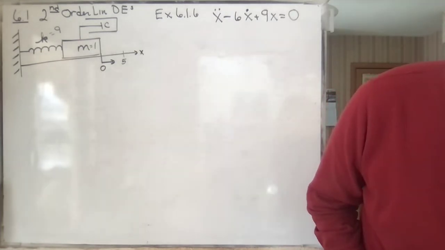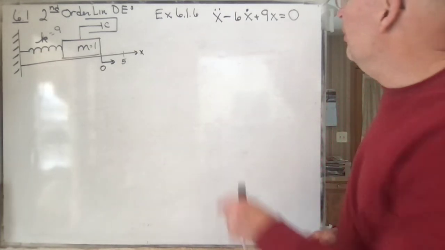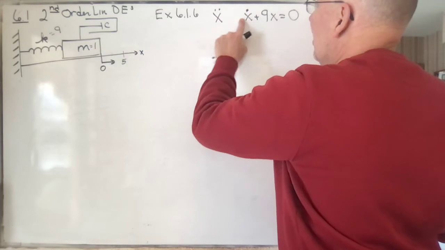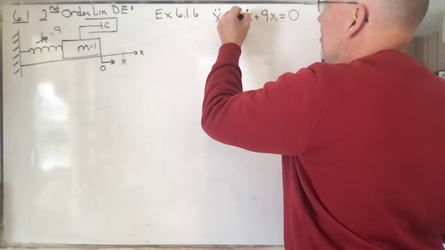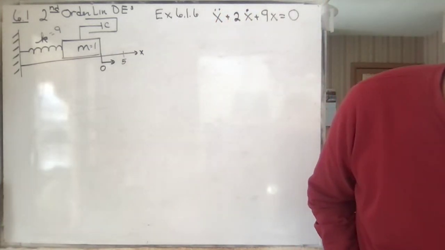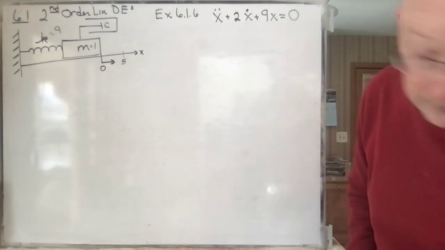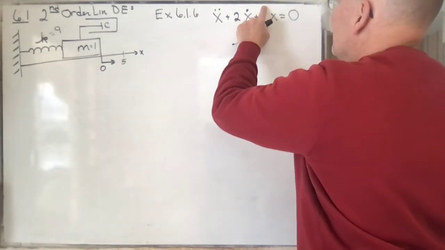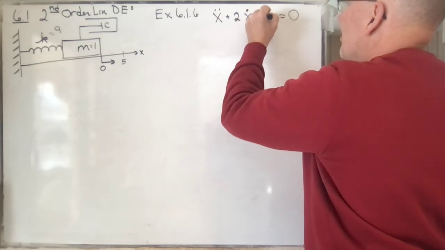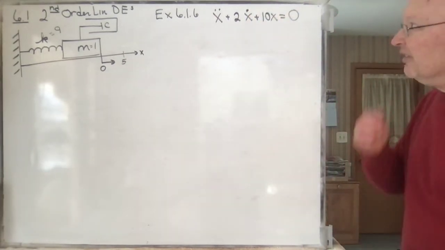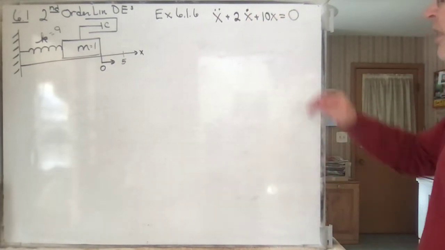Suppose we have this one, x double prime plus 2x prime plus 10x.